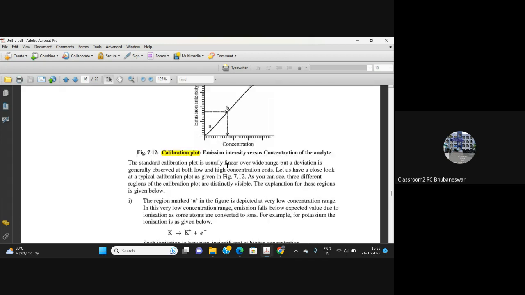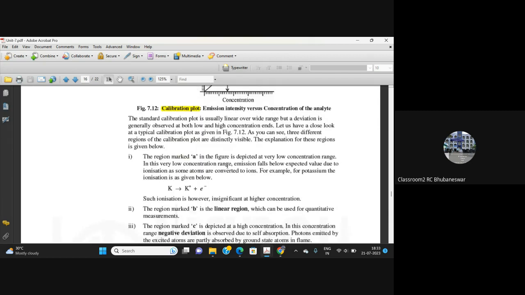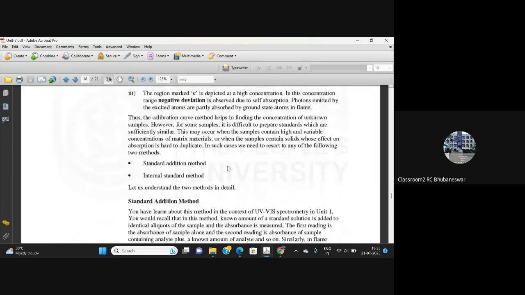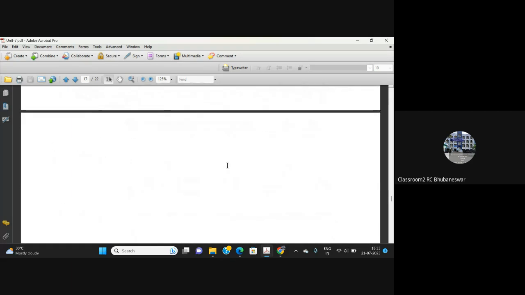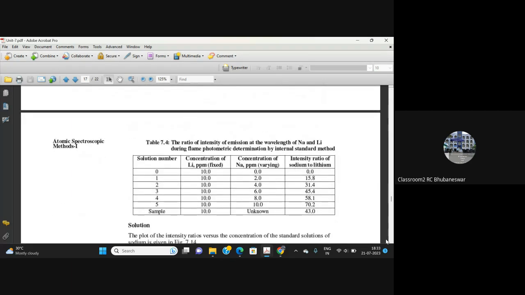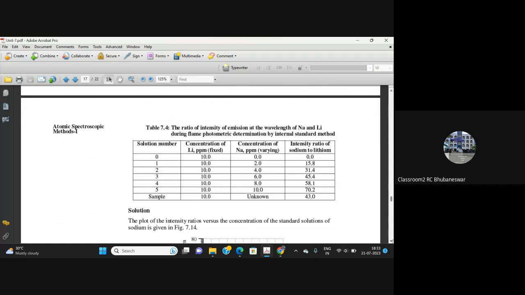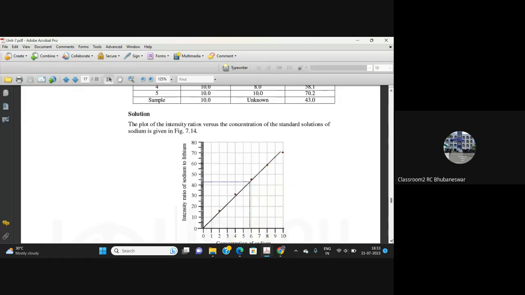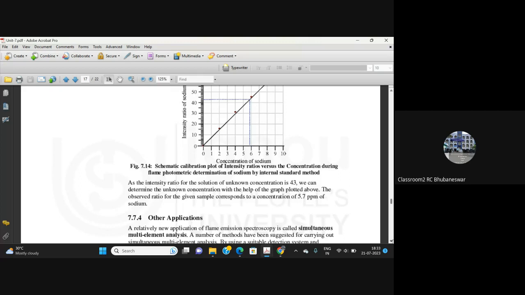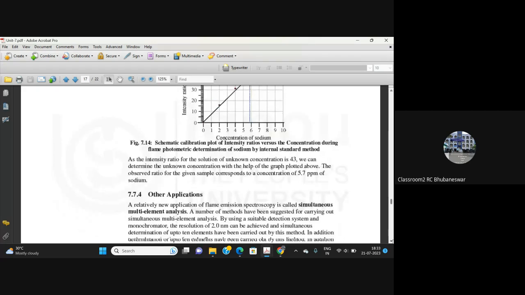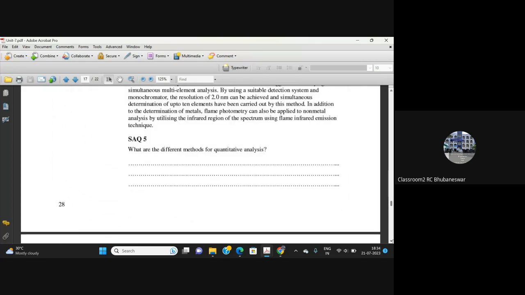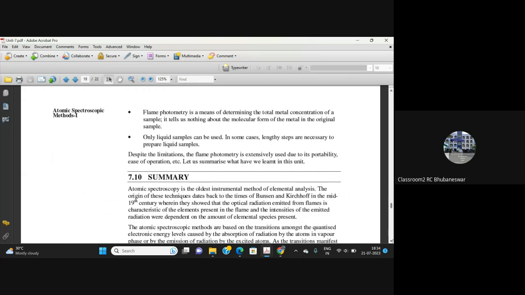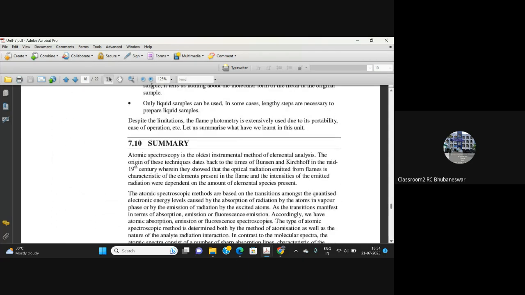This is the basic method for getting the concentration of the unknown sample. So these are the detection parts. Then some examples are there of how to do it. Then as another application, multi-element analysis can also be done. So that is the summary.